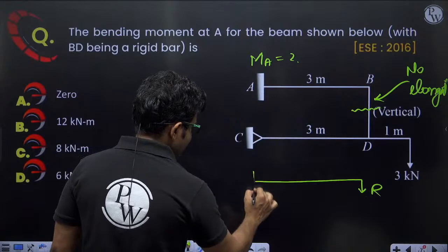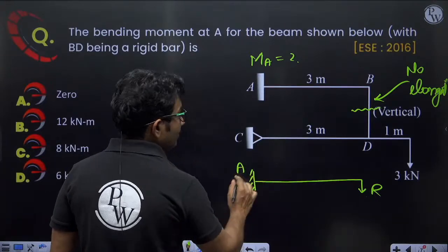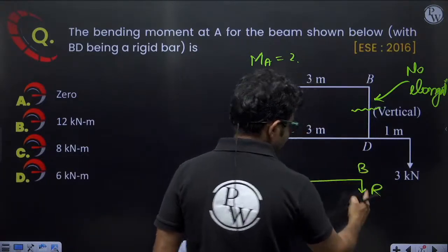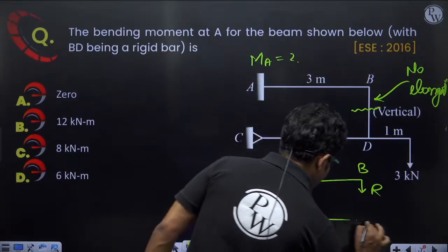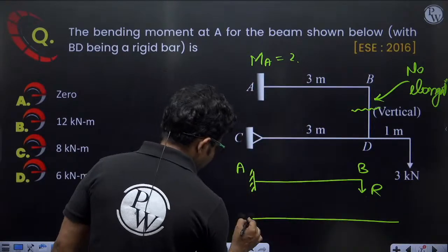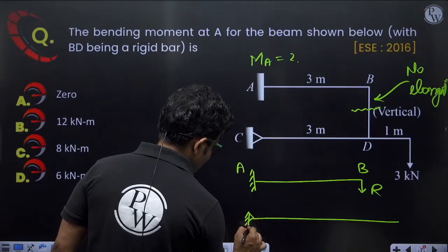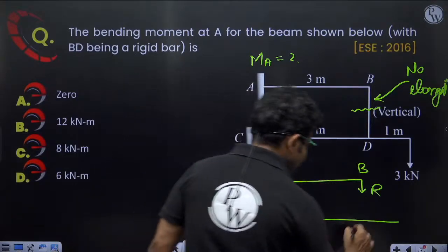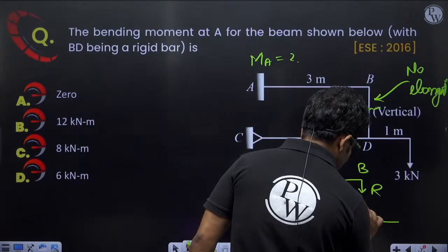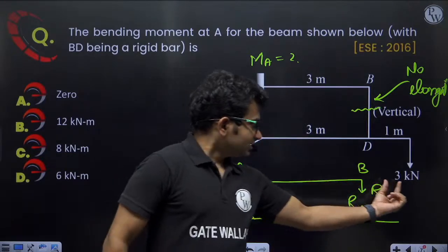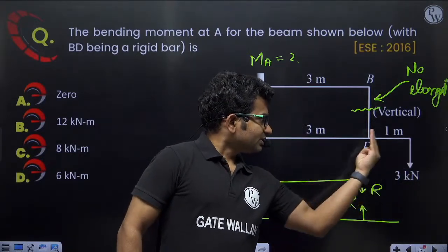This is point A, this is point B. Here R force is acting. Here we are having point C, here R. And let me transfer this 3 kilonewton here.